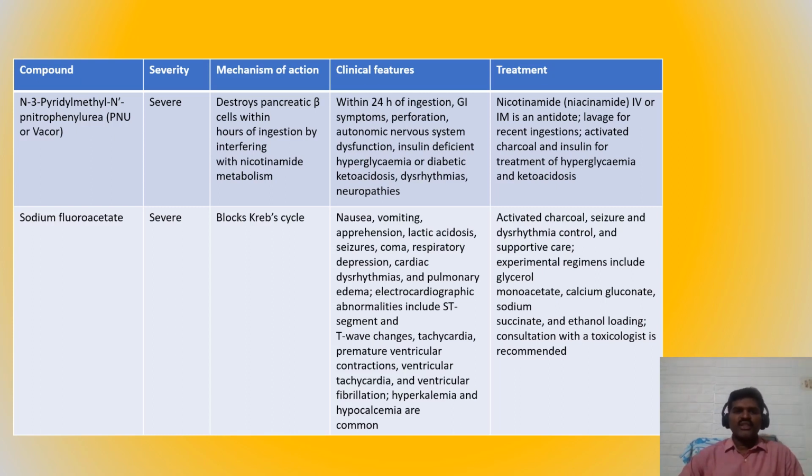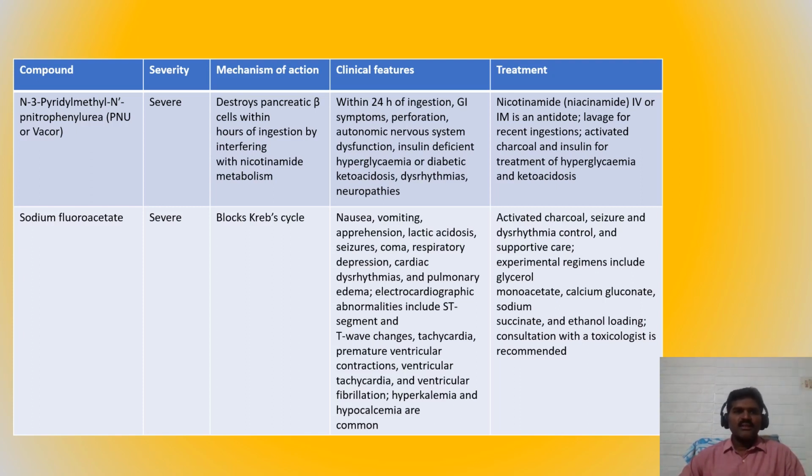GI perforation can happen, autonomic nervous system dysfunction, insulin deficient hyperglycemia and diabetic ketoacidosis will ensue. Dysrhythmias and neuropathies are the late features. Nicotinamide IV is the treatment of choice, or lavage for recent ingestions, activated charcoal, supportive therapy, and insulin for treatment of hyperglycemia and ketoacidosis as supportive management.